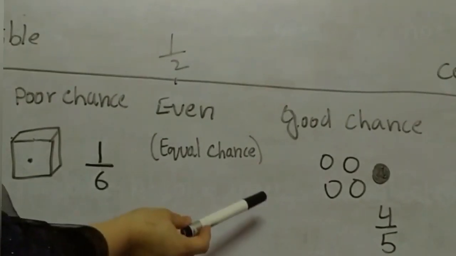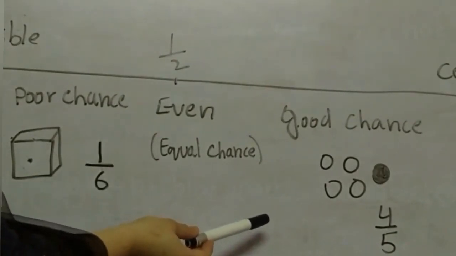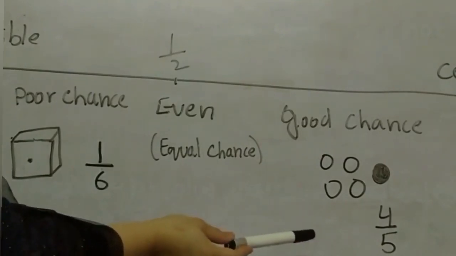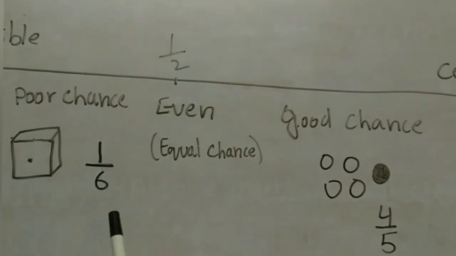So we can say that there are many chances of white marble coming. They are good chances, so we can write these under the good chance. I hope this probability line will help you to understand probability in a better way.